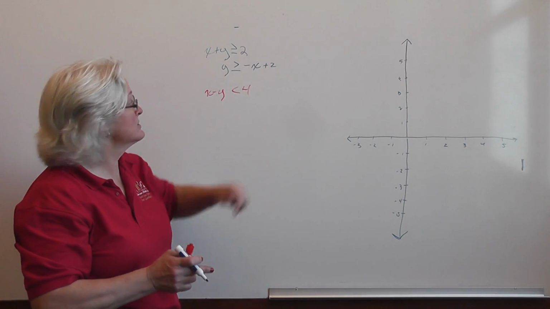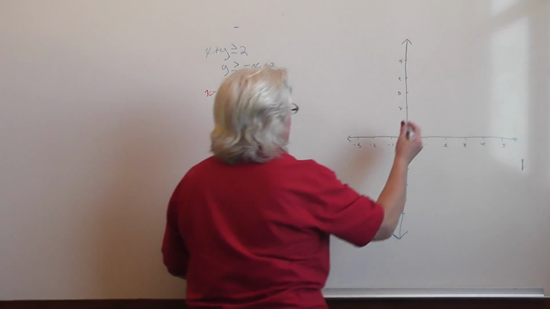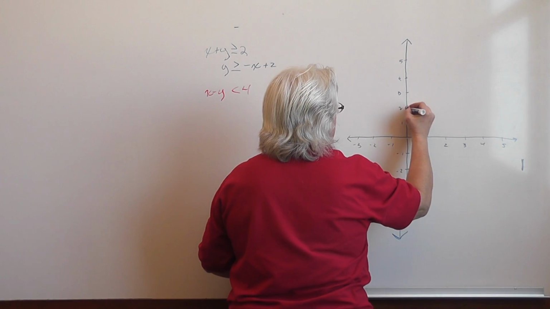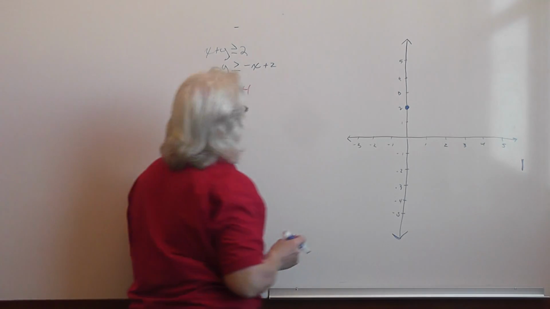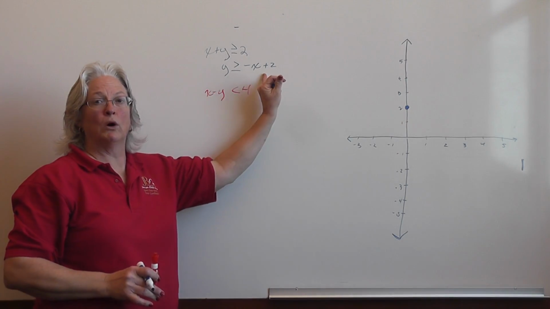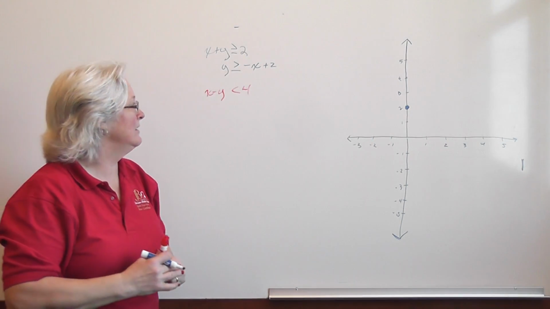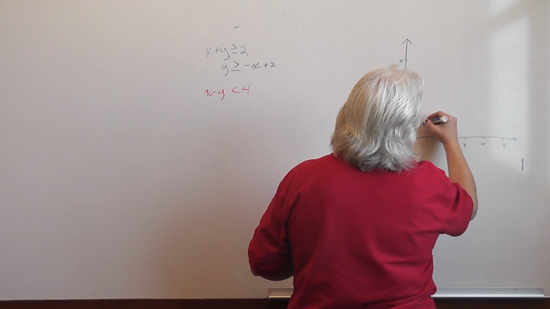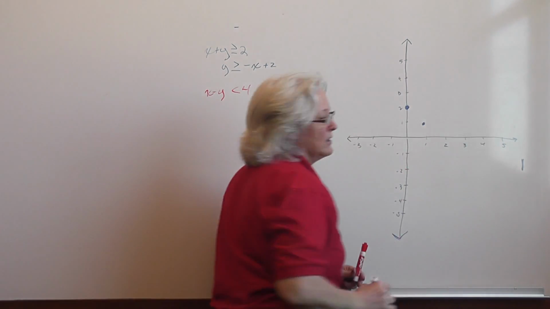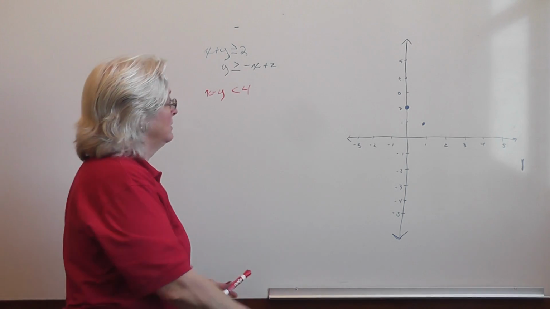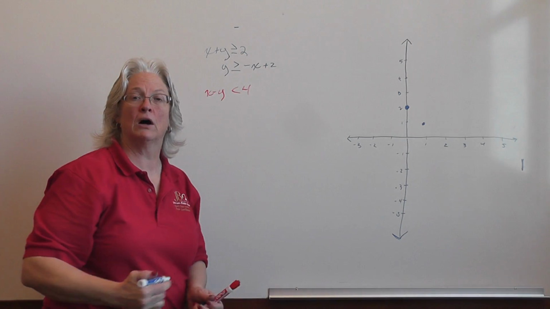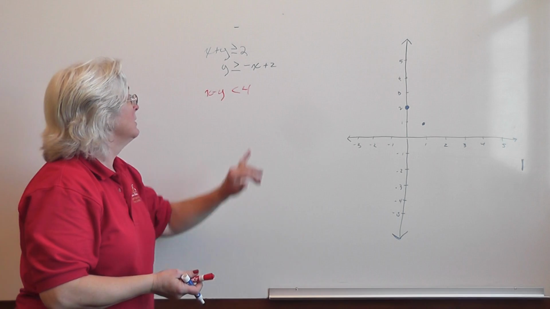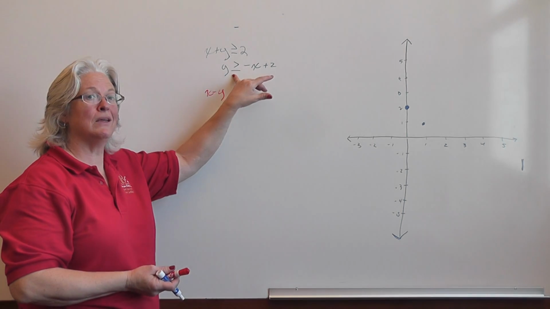The 2 tells us that this inequality intersects the y-axis at the point 0, 2. Our negative 1 tells us that we have a downward slope of negative 1. Now if I had my straight edge, we would connect those 2 dots with a solid line because y can be equal to that.